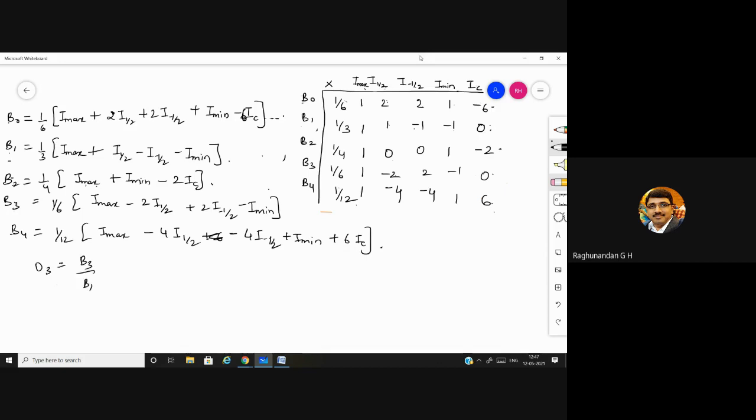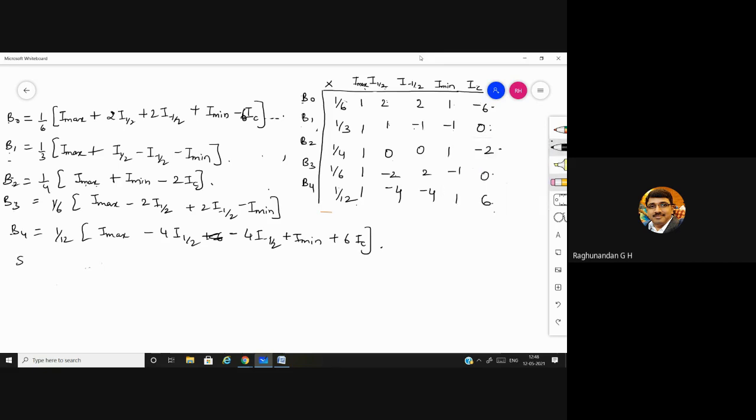This is the formula for D3. So you need to take the B3 equation, substitute whatever current values they have given, and substitute whatever B1 related values they have given, and then you can find. So that's why remembering this equation is very, very important. Even if they do not ask in the derivation, they can ask in problems. So that is where you need to know these equations.